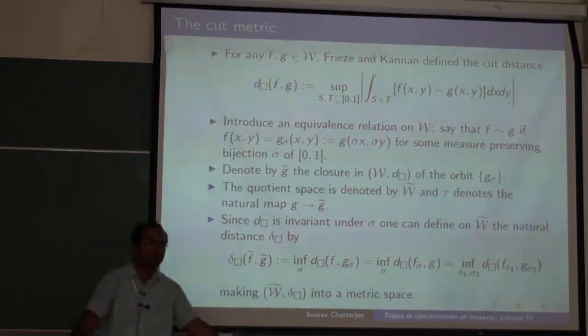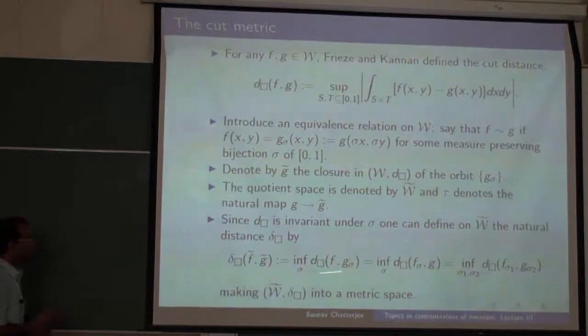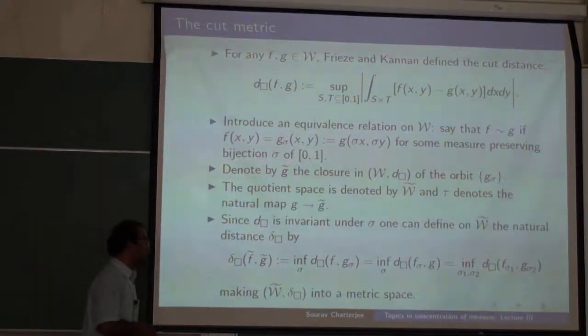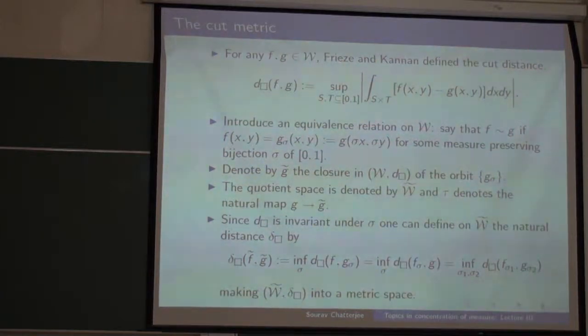It's like you take two graphs and you relabel the vertices to make them as similar as possible, and then you take the distance. So that's a metric space. This is the cut metric on this quotient space. Not W, but this quotient space with the cut metric is the space of graph limits.